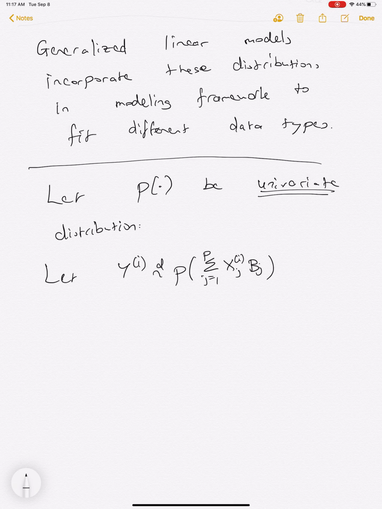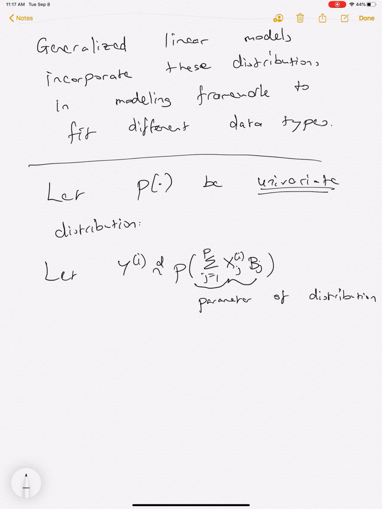Okay, and so what this is going to be, we'll call this the parameter of the distribution. And we're going to talk a little bit more specifically about what that is.